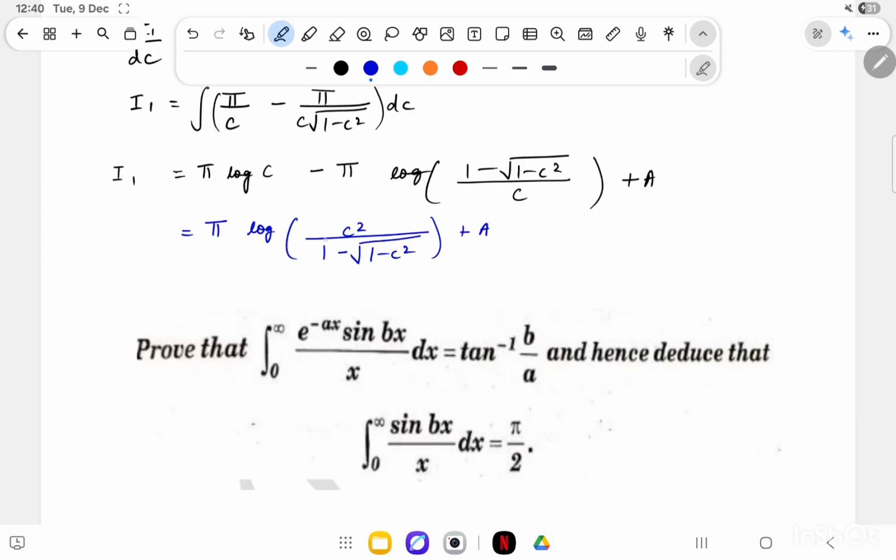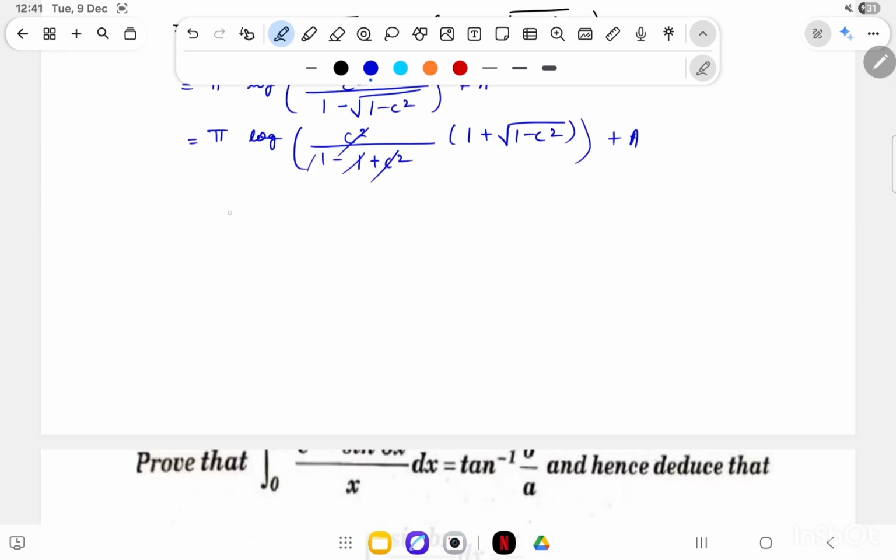That simplifies to π of log, we are just rationalizing it, c square divided by 1 minus 1 plus c square, times 1 plus square root of 1 minus c square, plus a, and this balances each other. So it will be equal to π times log 1 plus square root of 1 minus c square, plus a.